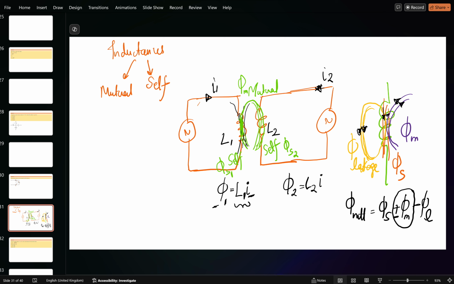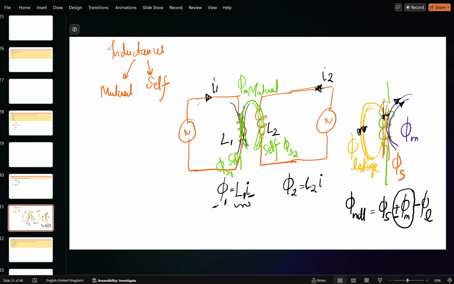Based upon the polarity being used, the flux of the particular circuit will rise or fall. That is actually the mutual flux from the opposite circuit. And the leakage part doesn't have any physical significance in the circuit. If it is not linking with the other circuit, then it has no use. Okay.